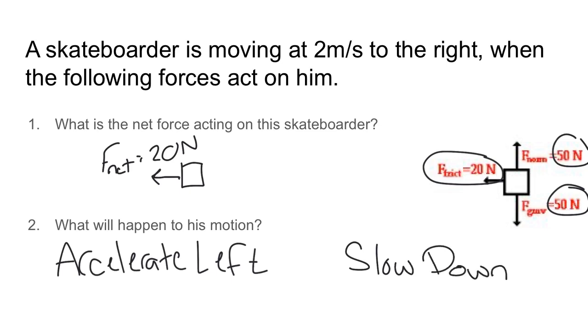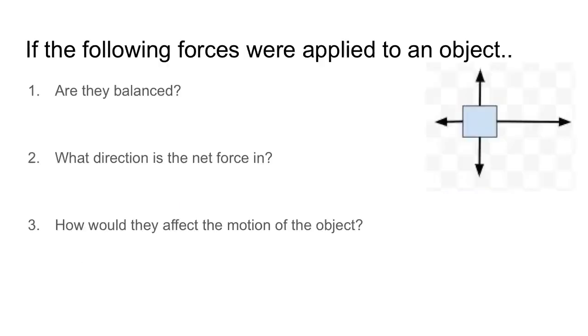Its speed is going to decrease. And so it'll eventually slow down until it comes to a stop. And then if this force keeps acting on it, if we still had a net force of 20, even though this is from friction, it would start to speed up back in the leftward direction. But because it is moving to the right and accelerating left, it is going to slow down.